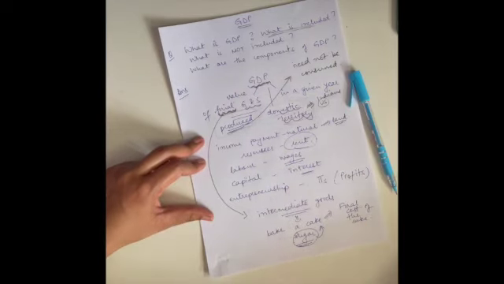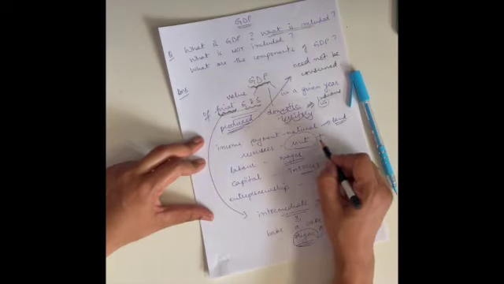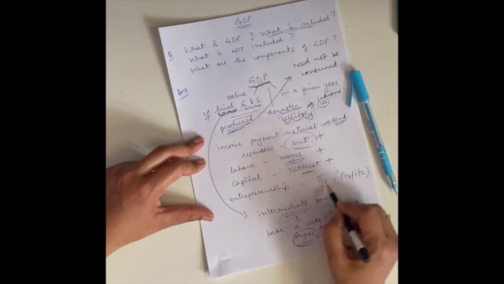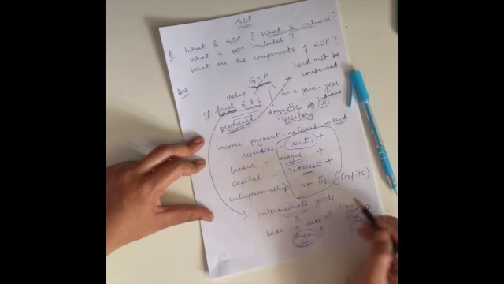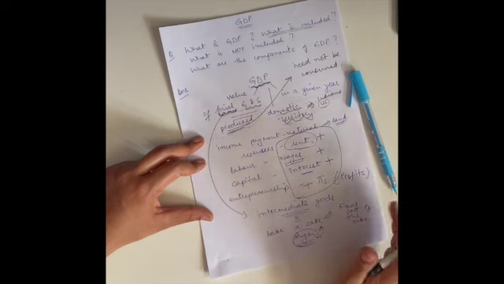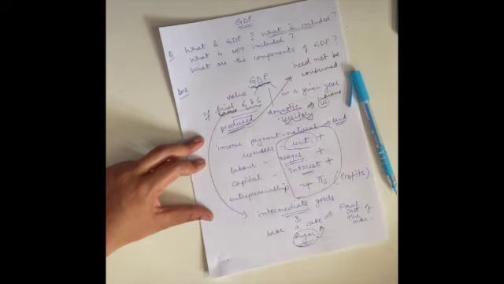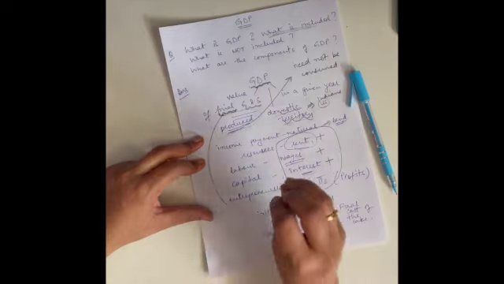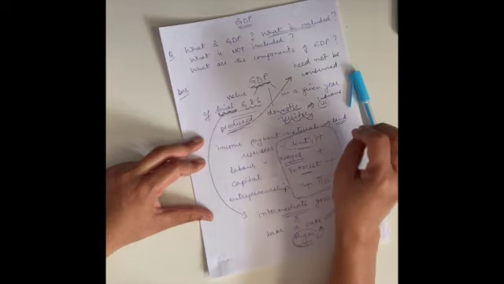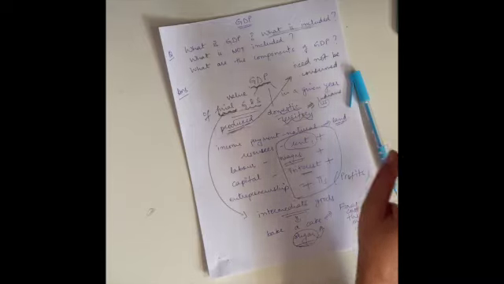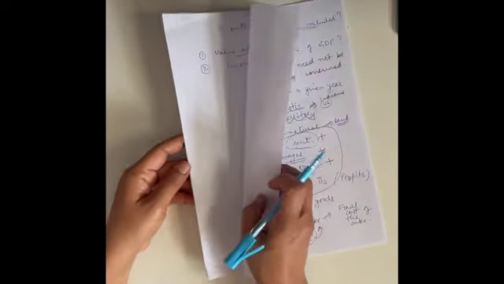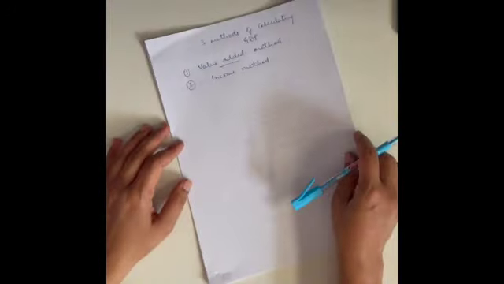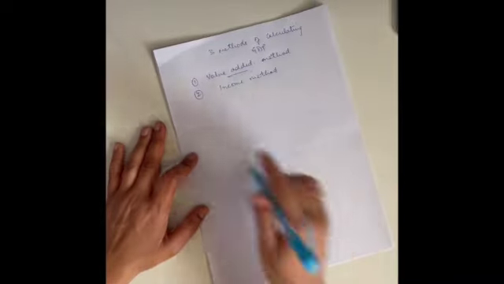So here I will add rent plus wages plus interest plus profits. All these give me my factor payments, right? And this gives me the national income of the country. So from that we derive our GDP.